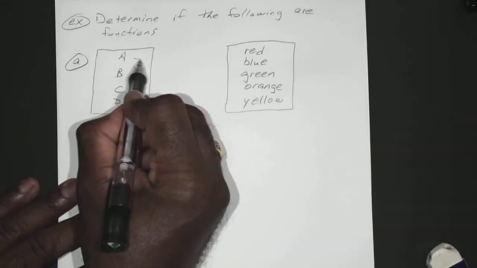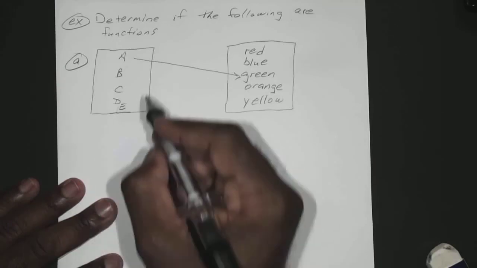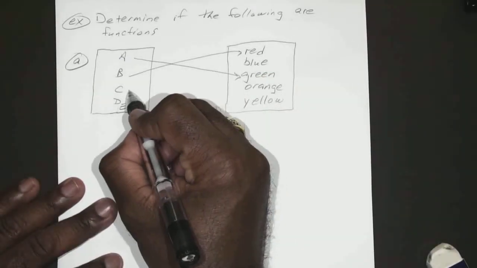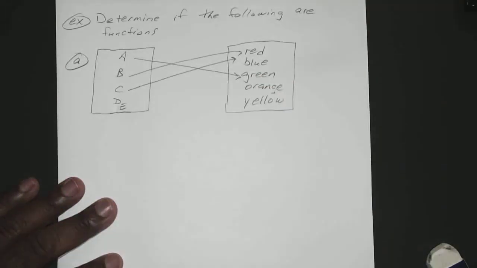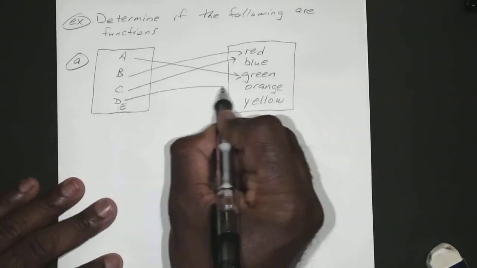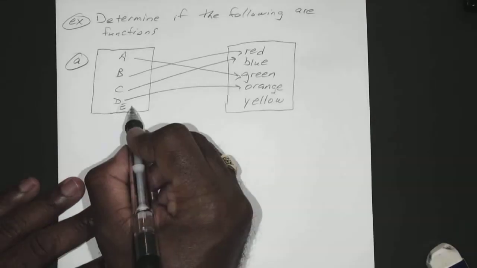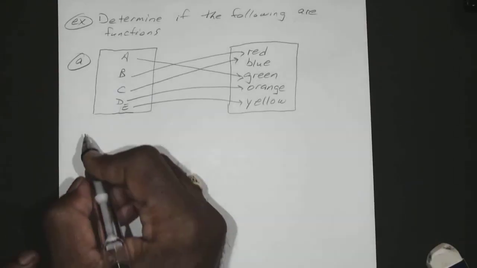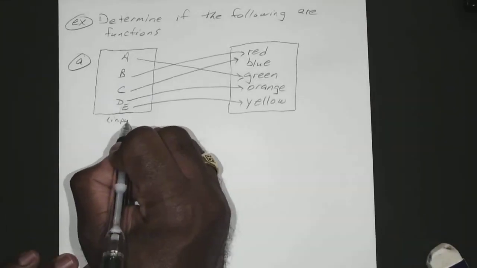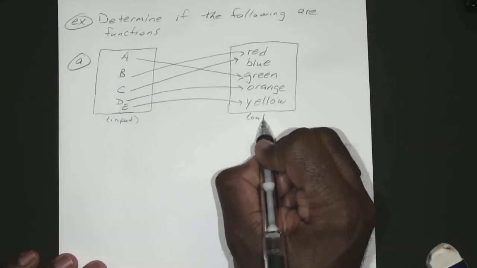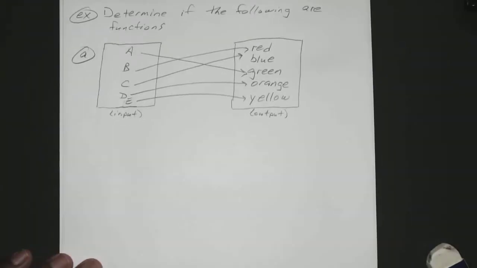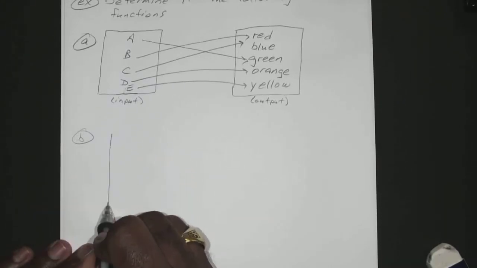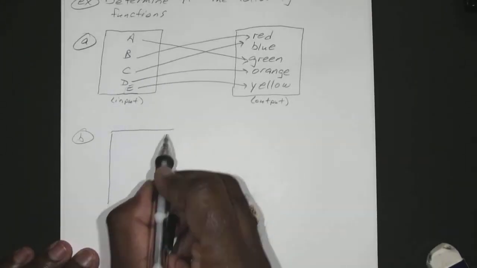Okay, so A will take that to green. B will take that to red. C will take that to red. D will take that to orange. And E will take that to yellow. Okay, where this is our input and this is our output. And for problem B, again, we'll set up our table.